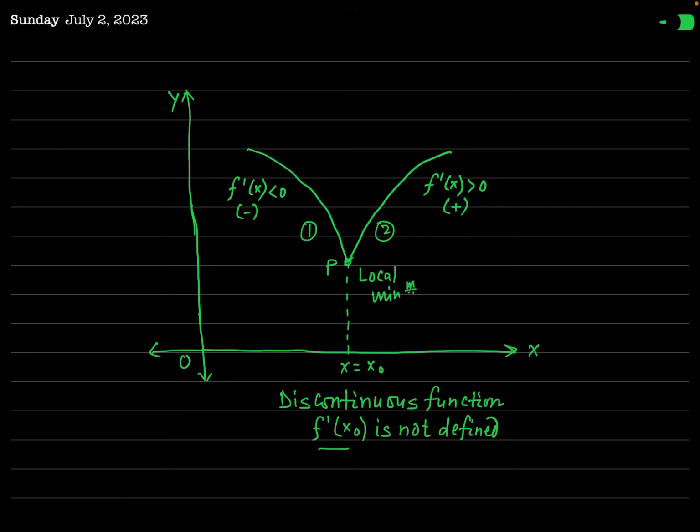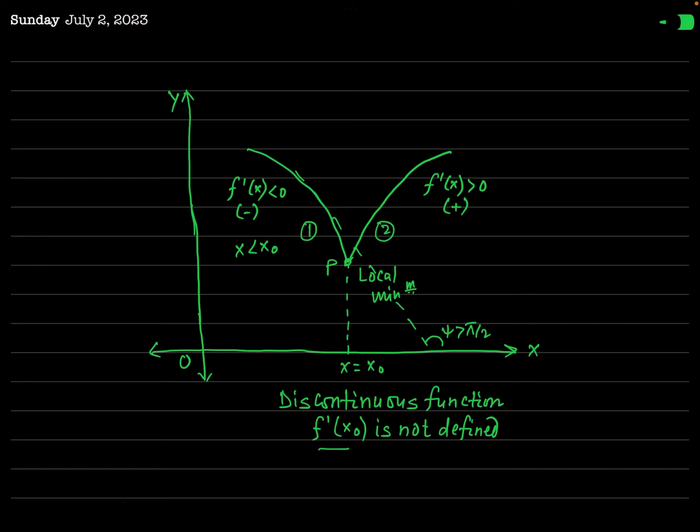But again you can see that for the region where x is less than x naught, the slope of the curve at any point x less than x naught will be negative, because when you draw a tangent to this curve at any such point, the angle made by this tangent will be greater than 90 degrees, and so the slope will be negative.